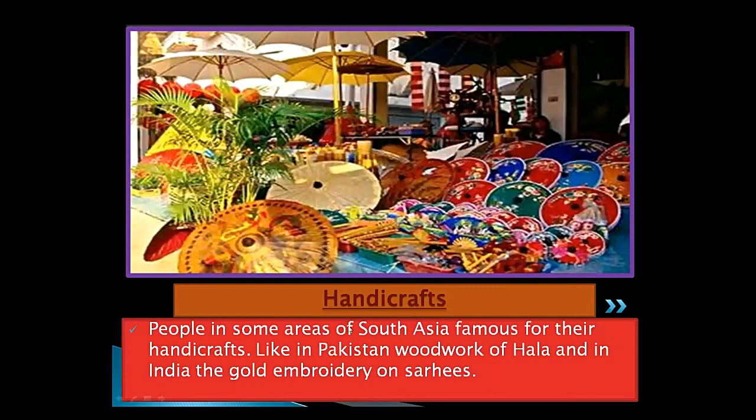Handicraft is a common occupation of South Asia. Some areas are famous for their handicrafts, like in Pakistan, the woodwork of Hala, and in India, the gold embroideries on saris. Some areas of South Asia are famous for their handicrafts and cottage industries.